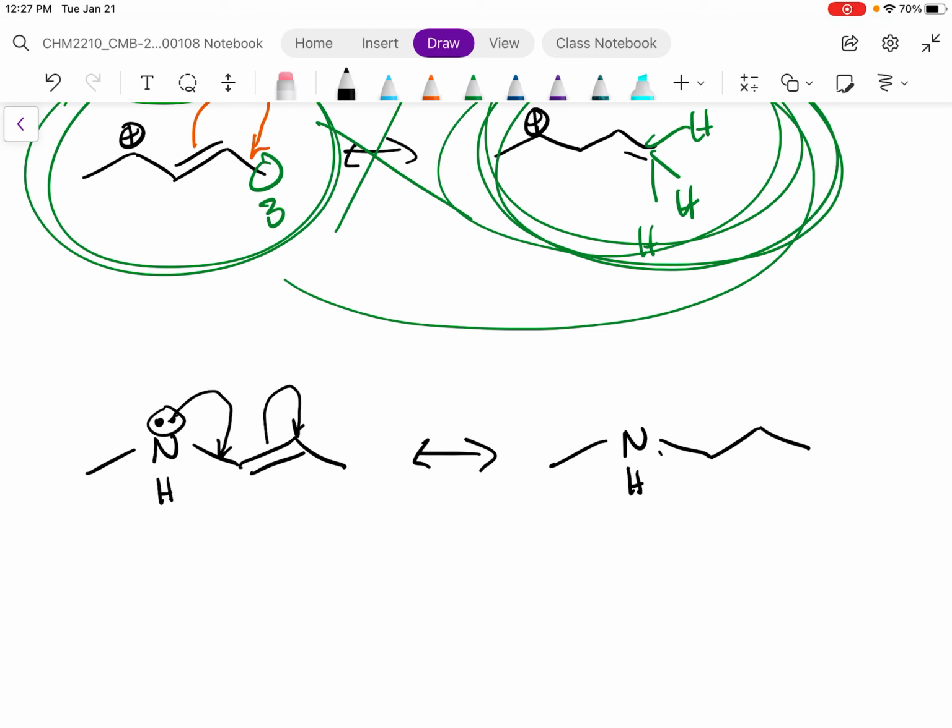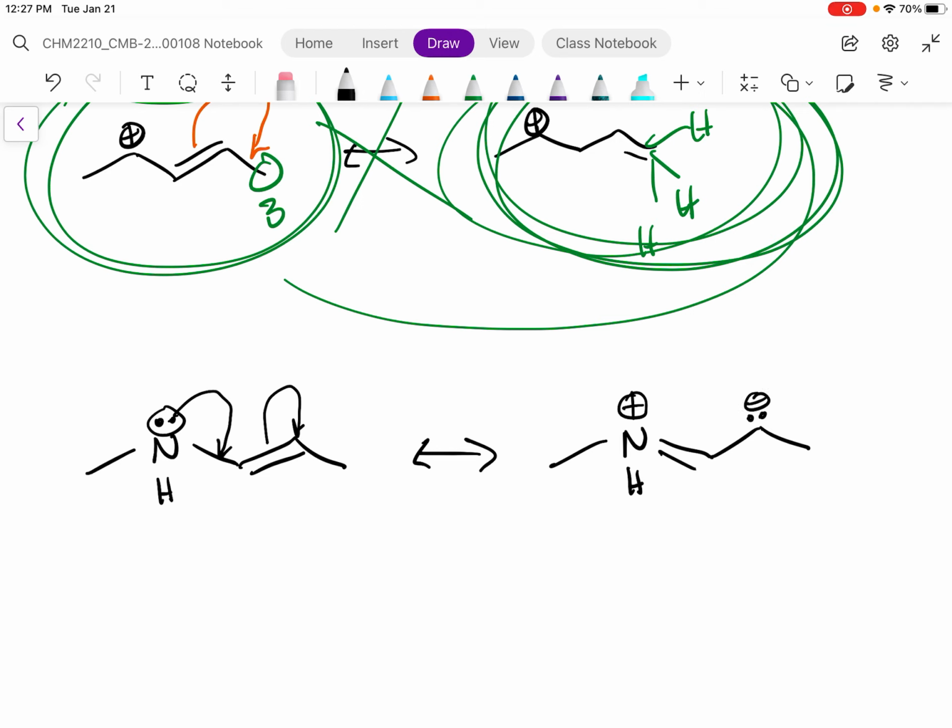So now we have a double bond between the nitrogen and the carbon, and we put the 2 electrons on that carbon. Is that a correct resonance structure? Not yet, it isn't. What am I missing? Charges. That nitrogen atom has 4 bonds, so that's positively charged. And this carbon right here has 1 hydrogen, 2 lone pairs, so that has to be negatively charged.